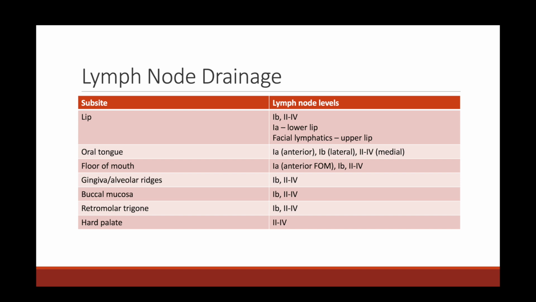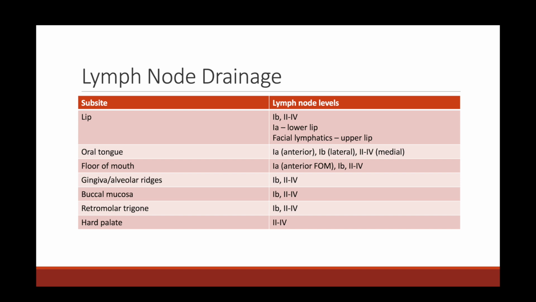So this particular table goes through the subsites of the oral cavity and indicates which lymph node levels we should think about covering. So we're always going to think about covering levels 2 through 4, which are our standard cervical nodes that follow the path of the carotid artery and the jugular vein. So levels 2 through 4, we're always going to think about covering.